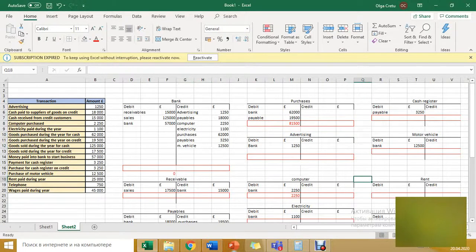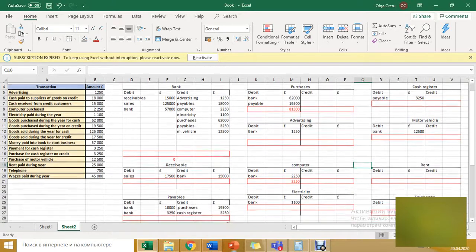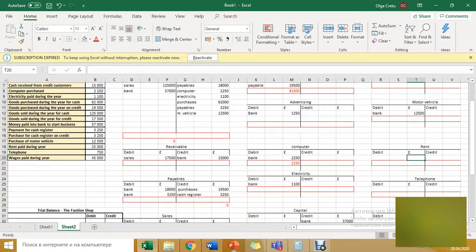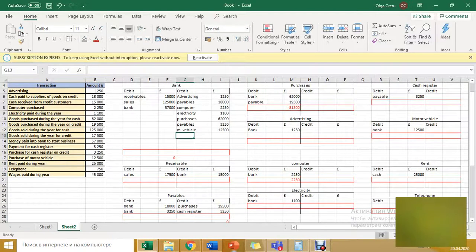And then we also have the situation where we paid rent during the year. So we have the rent account here. We paid 25,000 for the rent, and obviously we paid from the bank account in cash. So we have the rent 25,000.